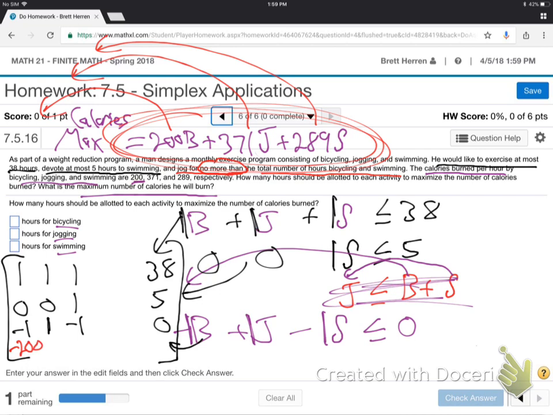So negative 200, negative 371, and negative 289. And 0 on the right, because there's nothing left on the right anymore. Everybody good there?